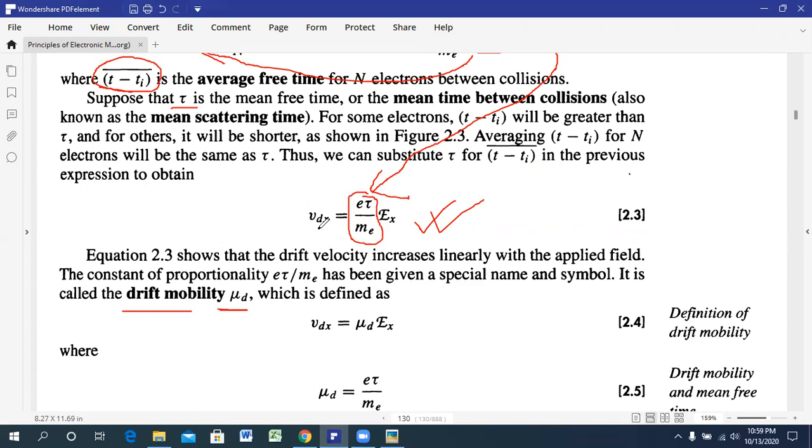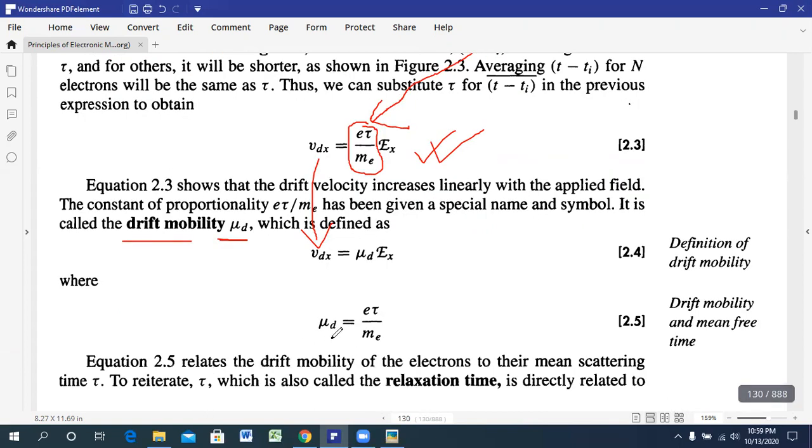So we can write Vdx equals to mu d Ex, where mu d should be equal to E tau divided by Me. So in the exam, the question might come like this: what do you mean by drift mobility, or define drift mobility? Is that okay?